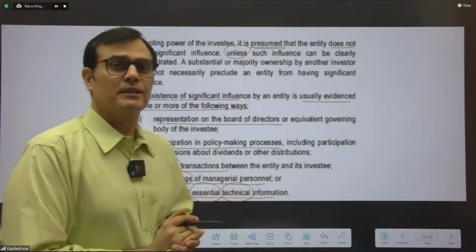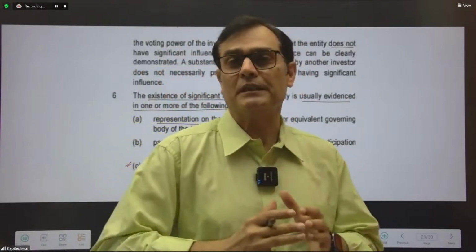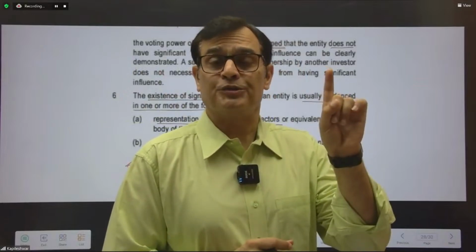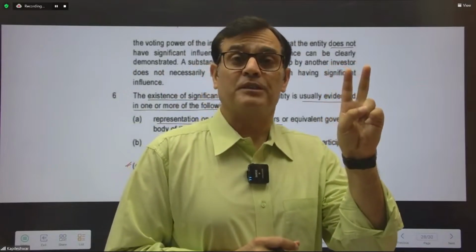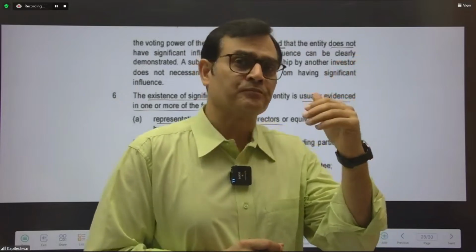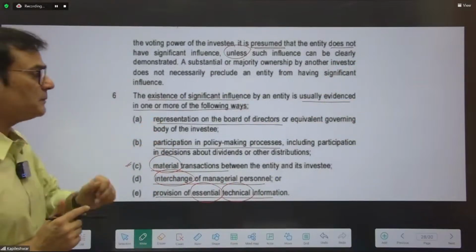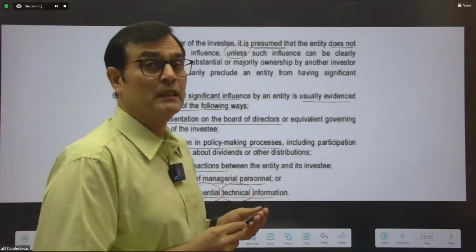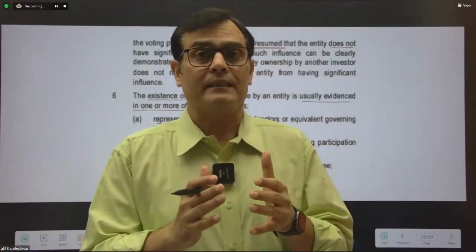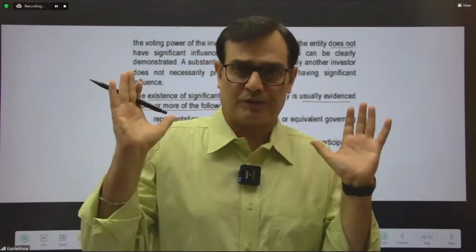So 3 areas which would indicate a significant influence: material transactions, interchange of managerial personnel, provision of essential technical information. Apart from that, representation on the board of directors and participation in the policy-making process could be certain cases which may indicate that there is or there is not a significant influence.